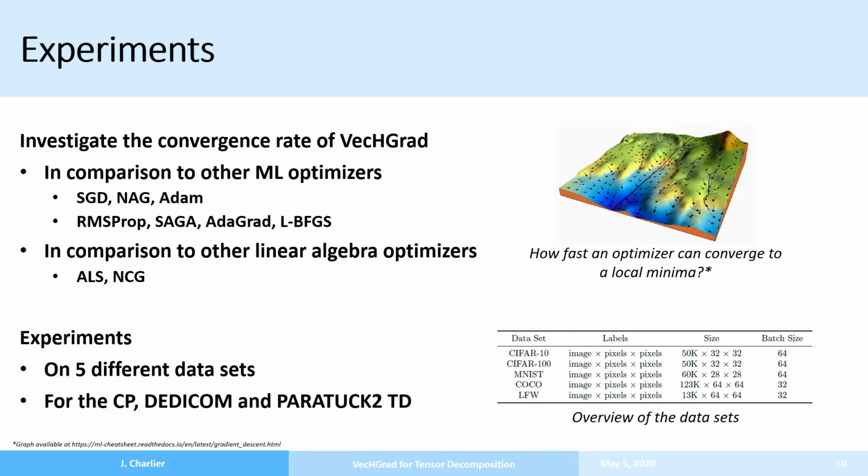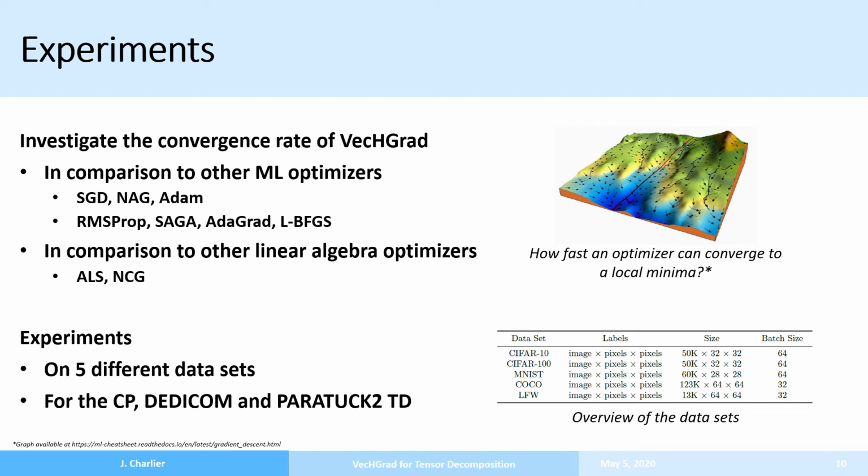Let's move on to the experiments. In our experiments, we want to investigate the convergence rate of VecHGrad in comparison to other machine learning optimizers, such as Stochastic Gradient Descent, Nesterov Accelerated Gradient, Adam, RMSProp, or Limited BFGS. Since we are speaking of linear algebra, we also have to compare our results with linear algebra optimizers such as alternating least squares or non-linear conjugate gradient.